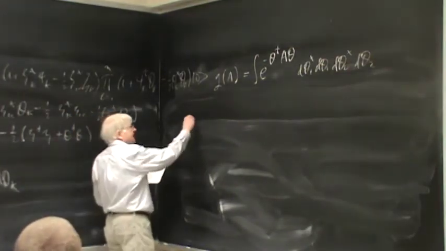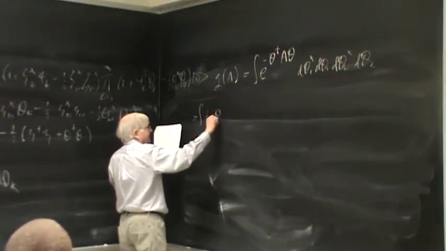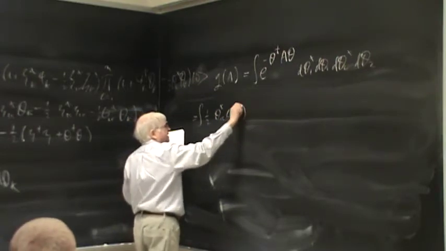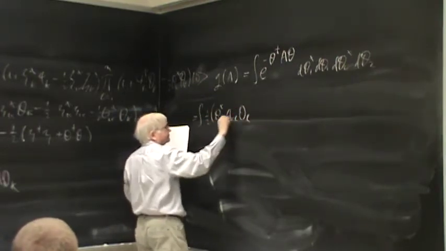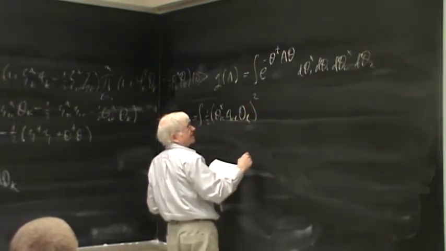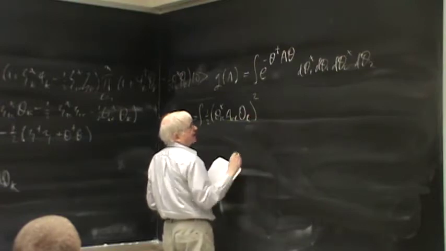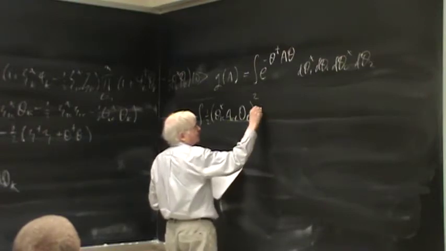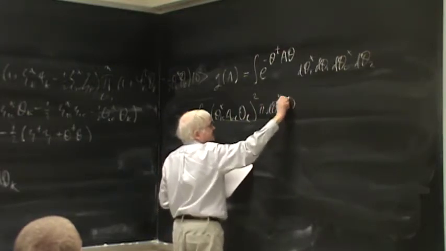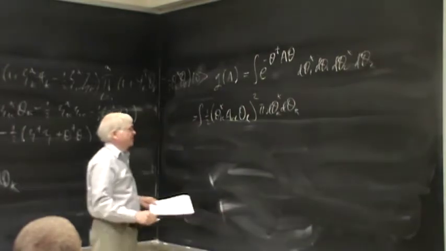So what we actually have is the integral of 1/2 (theta star k A_kl theta l) squared, times the product of d theta star d theta, product over 1, 2 of course.